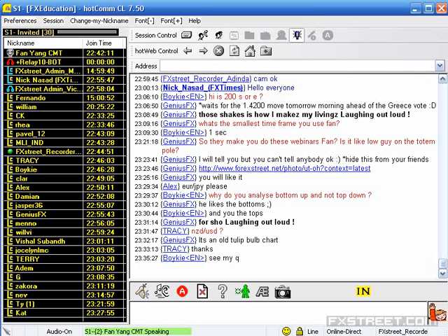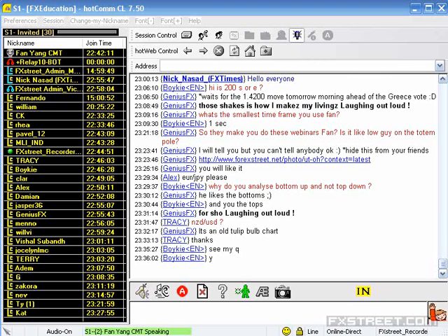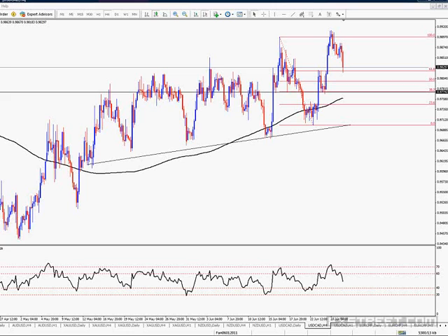Why do you analyze bottom up and not top down? Do you mean going from the larger, longer perspective down towards the 1 hour? I look at both. Usually the larger perspective hasn't changed in my mind. When it does change, it usually comes from the short term. So the first thing I look at is the short term.